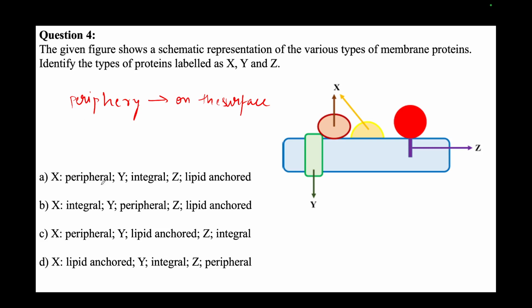Now if you see what is on the surface, X is on the surface, right? So X will be peripheral. So option A and option C both have X as peripheral. Now what is Y? Y is embedded in the membrane, right? So integral will be into the membrane or embedded in the membrane.